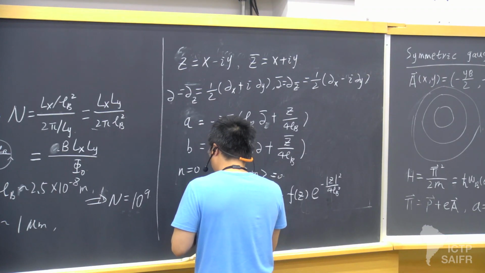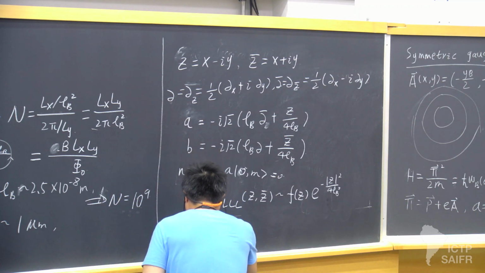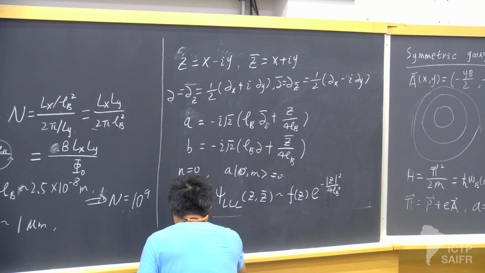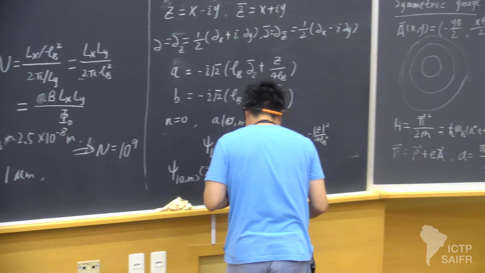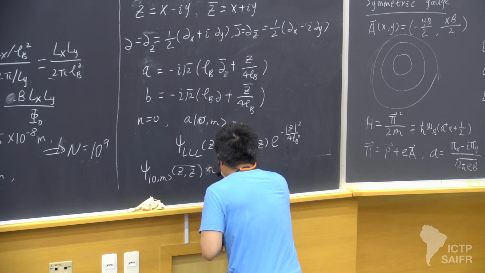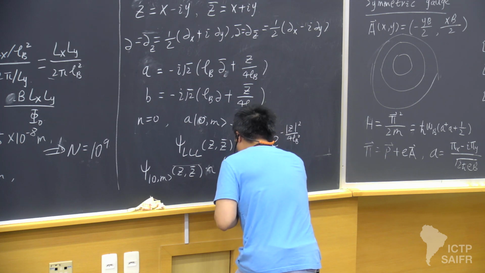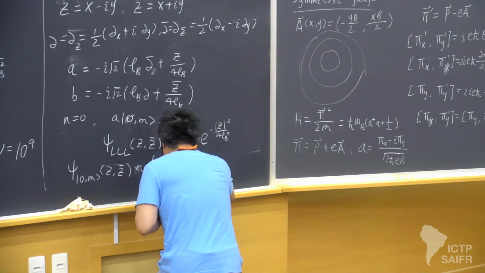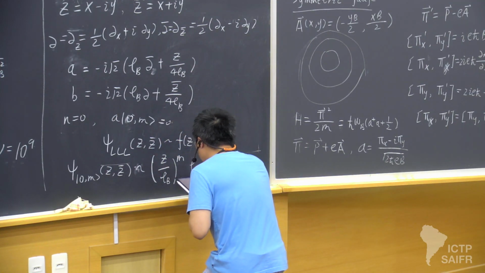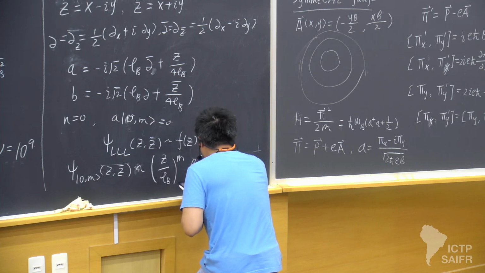And then to get other states, with the form of this operator B, what you will end up with is the wave functions, let's say for 0, m, will be proportional to z over LB to the power m, times this exponentially decaying factor.